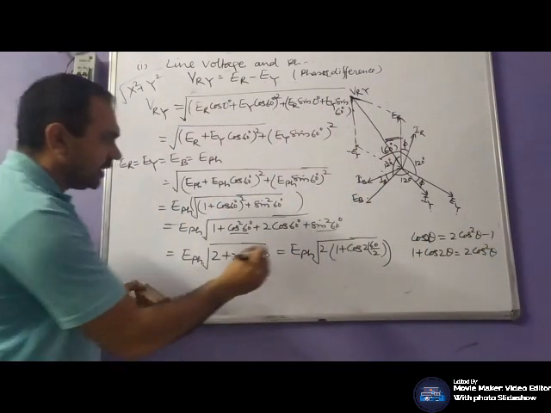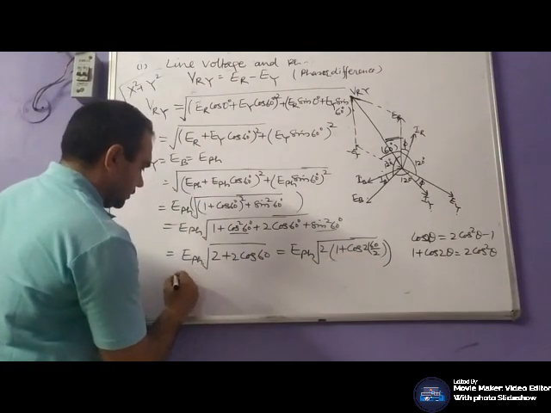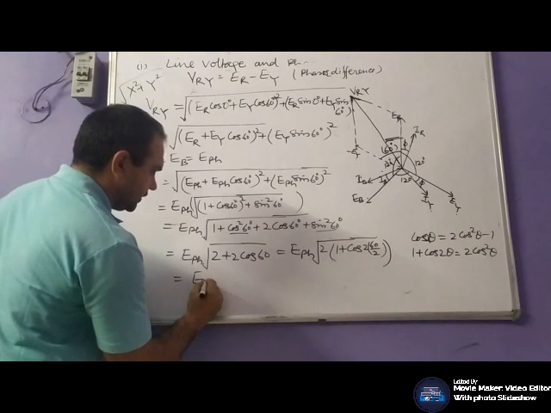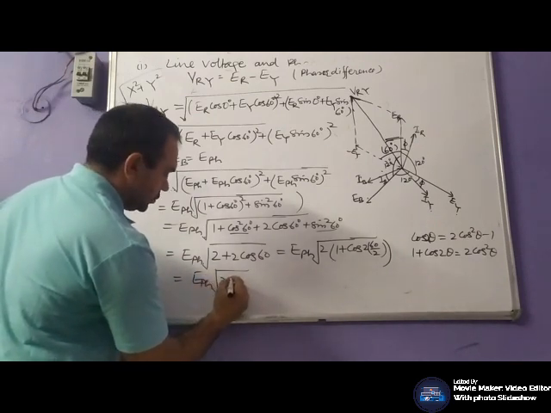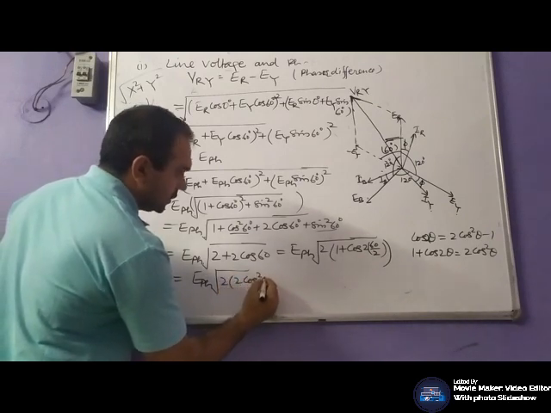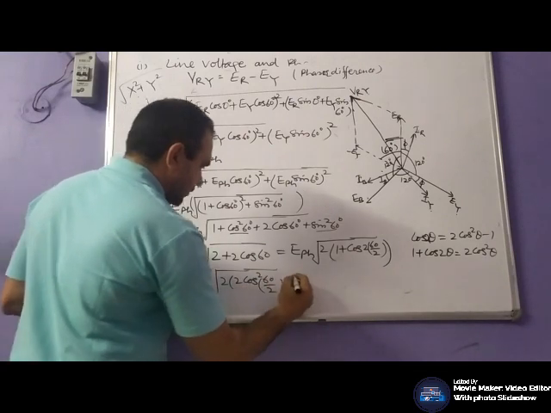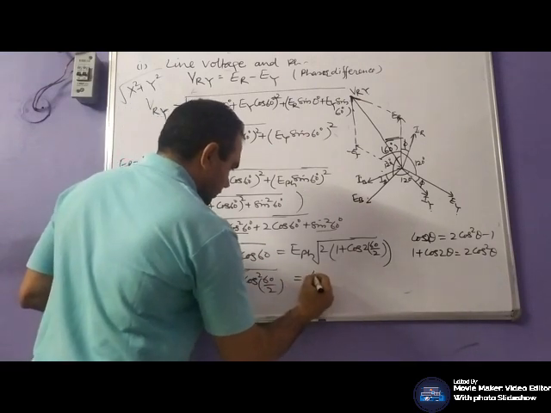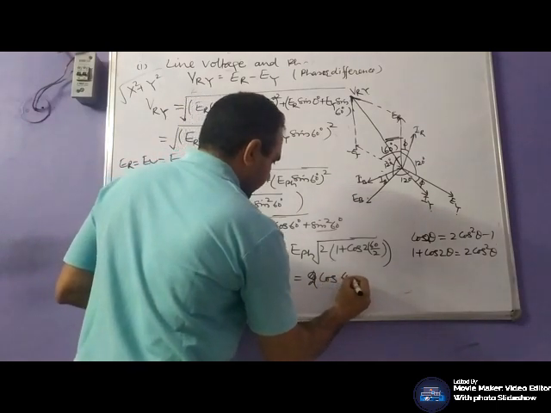So this can be written as E phase under the root of 2 into 2 cos squared 60 by 2.